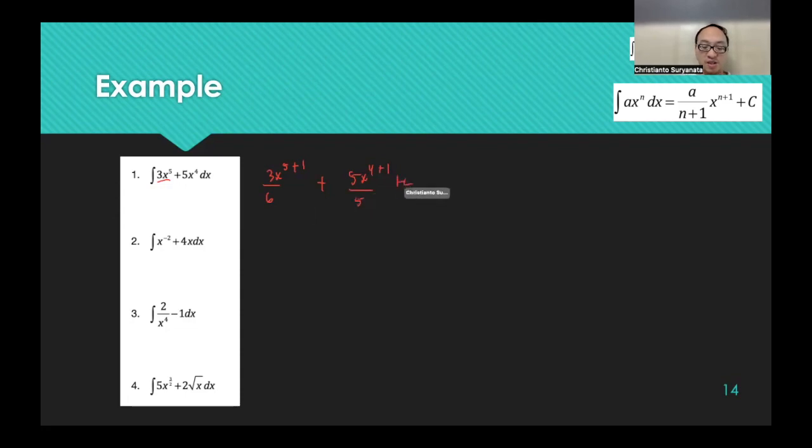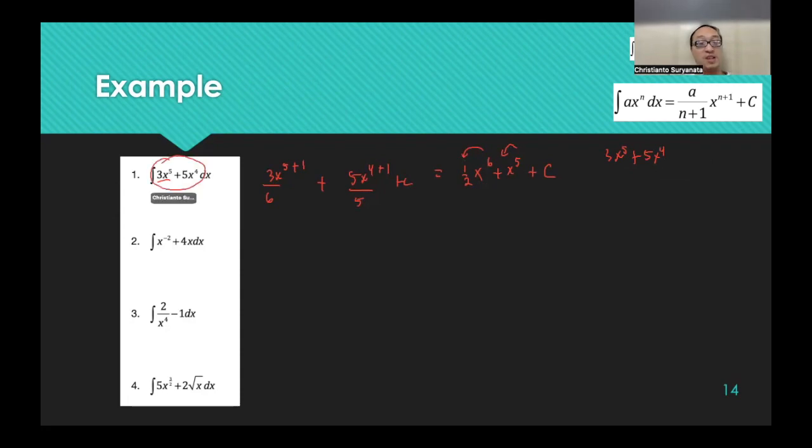So the result is 1 over 2 x to the power of 6 plus x to the power of 5 plus c. So try to derive back. When you derive this, you will have 3x to the power of 5 plus 5x to the power of 4. Yeah, so this is correct.